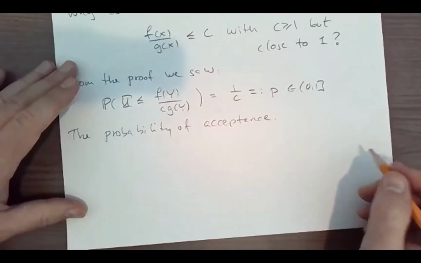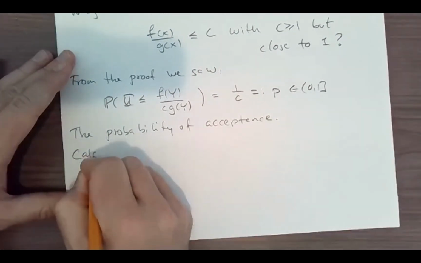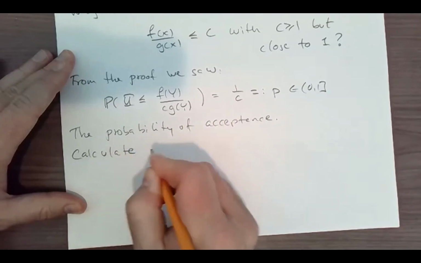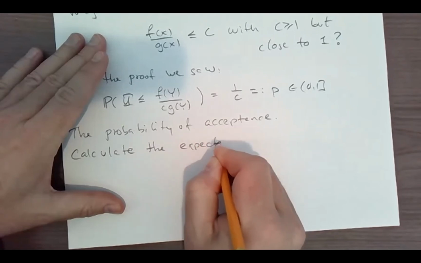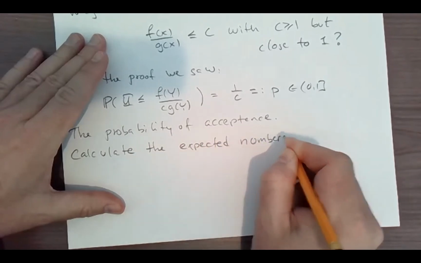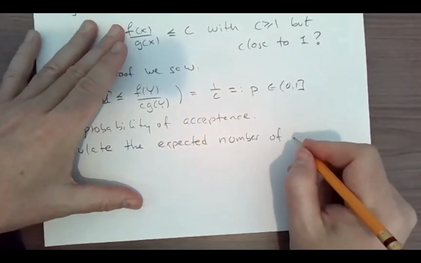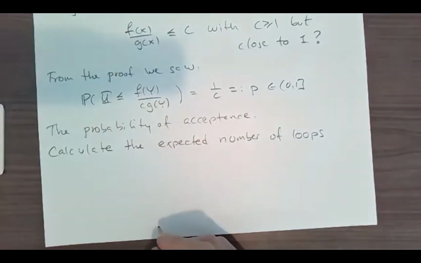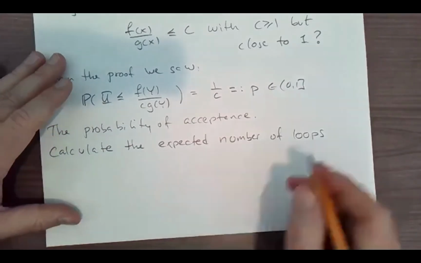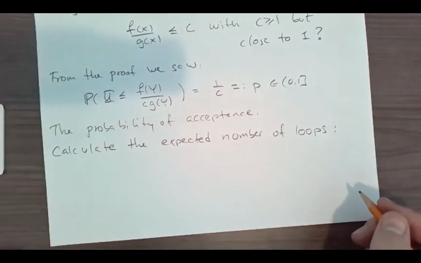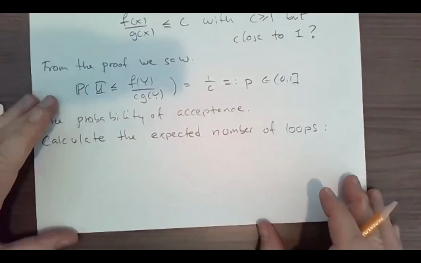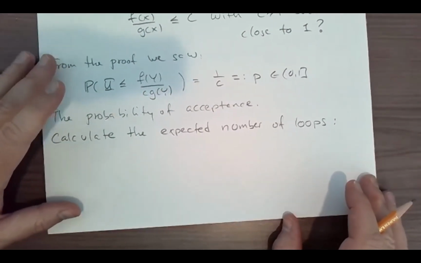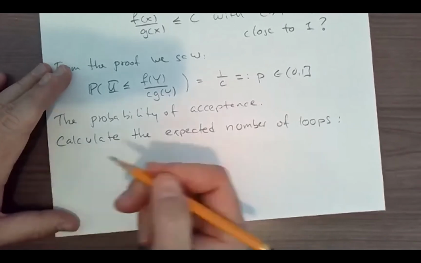Another way you could do it is to calculate the expected number of loops. Say, what's the probability of 2 loops?